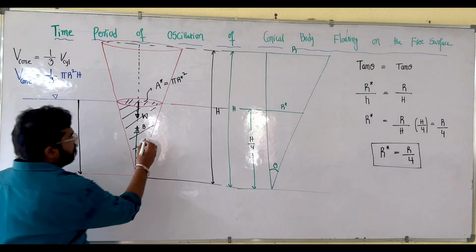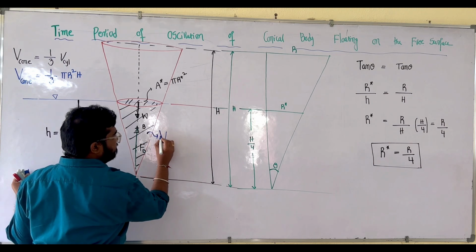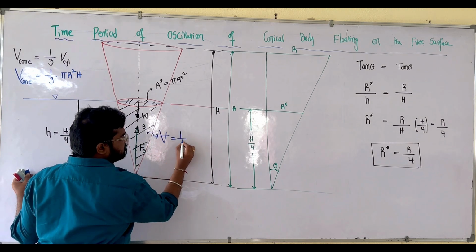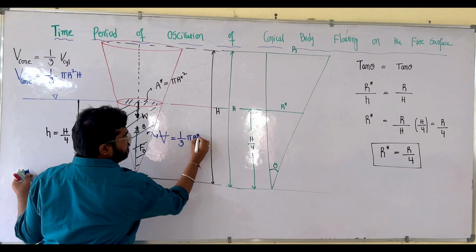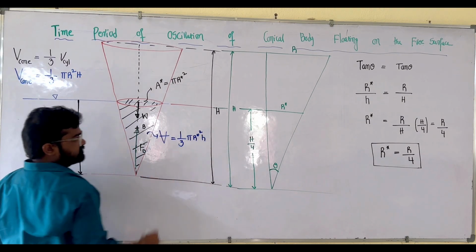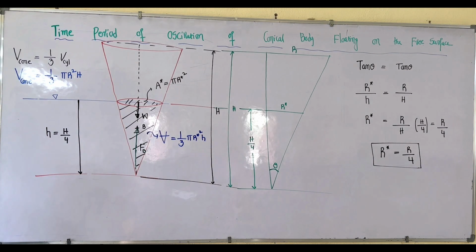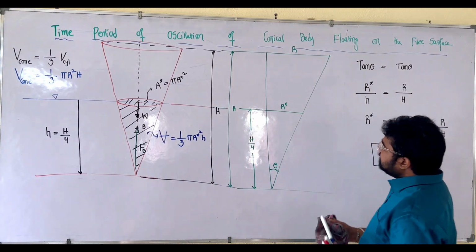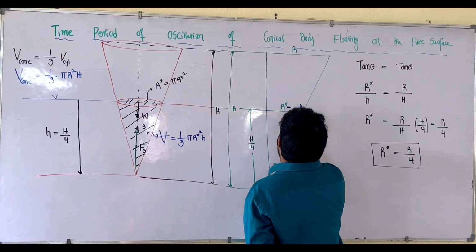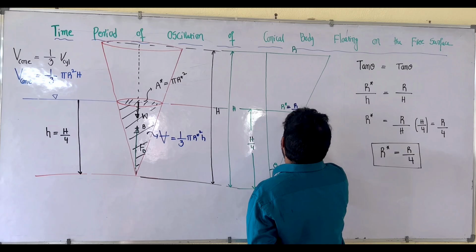Now tell me, what is the volume of the shaded portion? 1/3 of pi R star square into small h. Now we need to talk about hydrostatics. R star equals how much? R by 4.